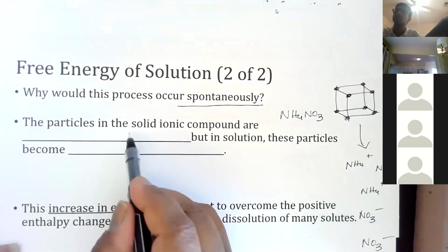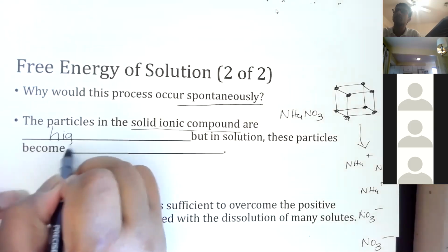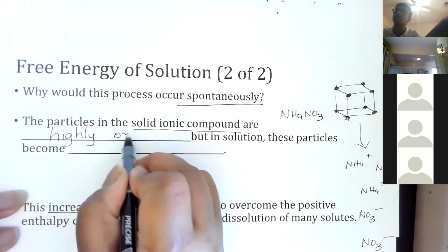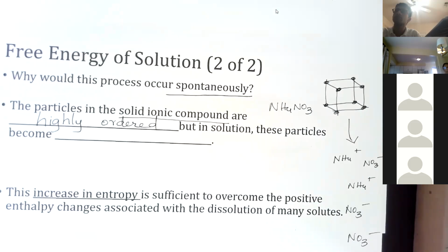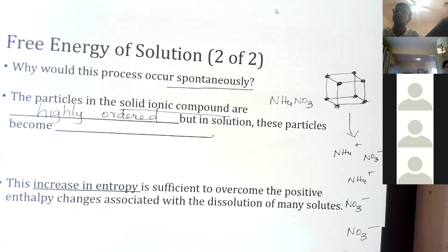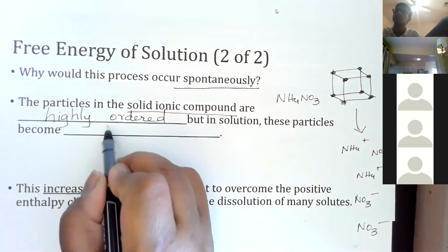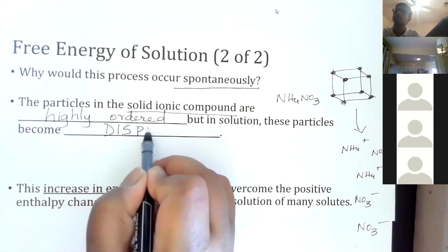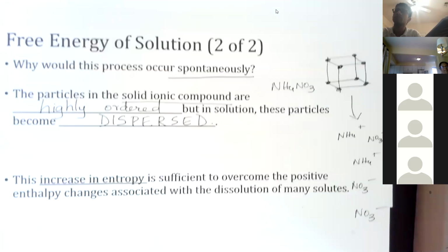And the particles in the solid ionic compound are highly ordered, right? The crystalline structure is highly ordered and very close to each other. More importantly, we care about the ordering here because delta S is a measure of randomness. But once you throw it in, your spoon full of sodium chloride goes into solution, these particles run away. As much room as there is in the container.